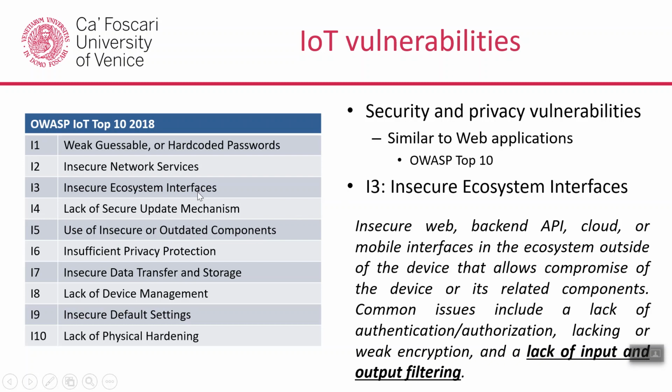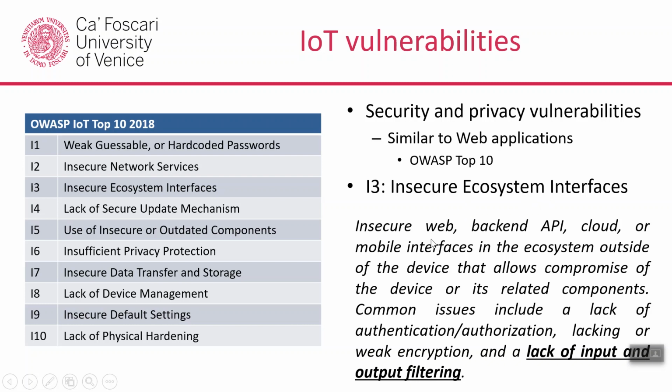However, for the purposes of this talk and the purposes for which we want to apply taint analysis to IoT programs, we stay on the third vulnerability listed by the IoT top 10 listing. That is the insecure ecosystem interface. How is this defined?